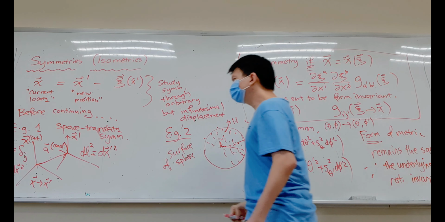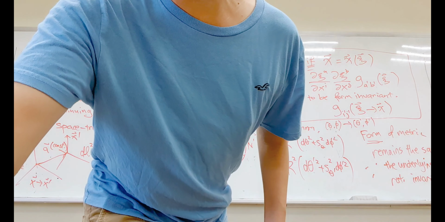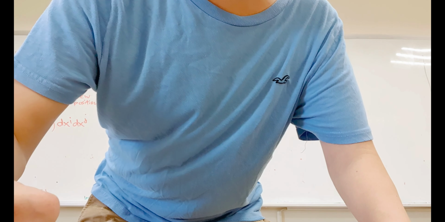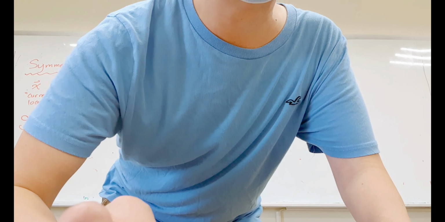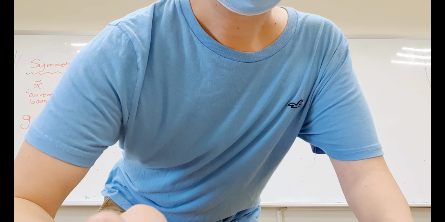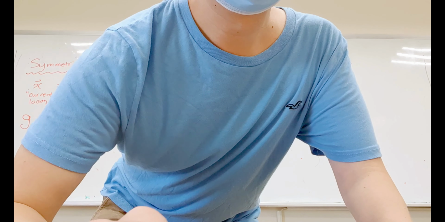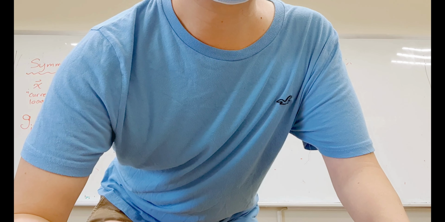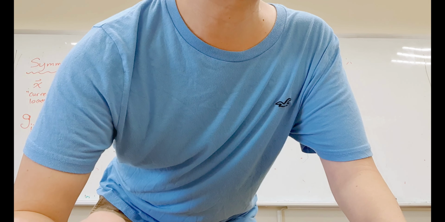I hope, yes, okay, and I'm still in the form. If you plug this definition into your metric, then in fact it's just calculus. You can just compute what it would do to your metric components.